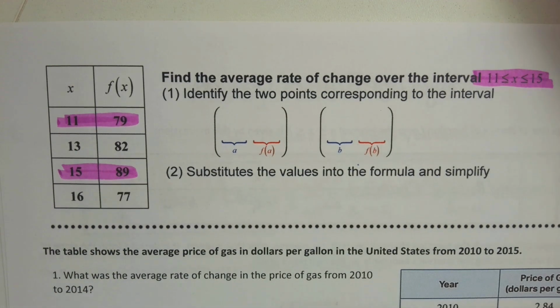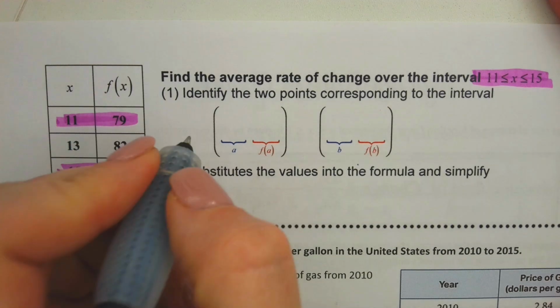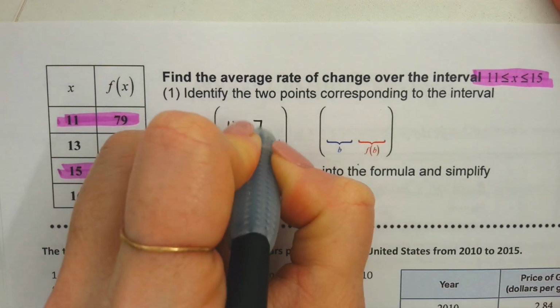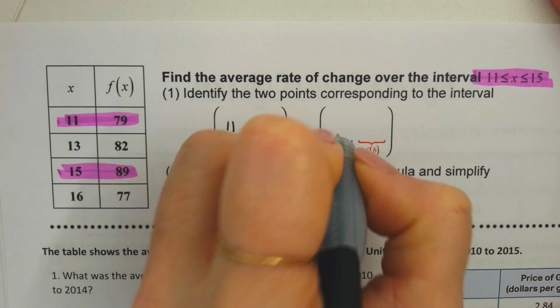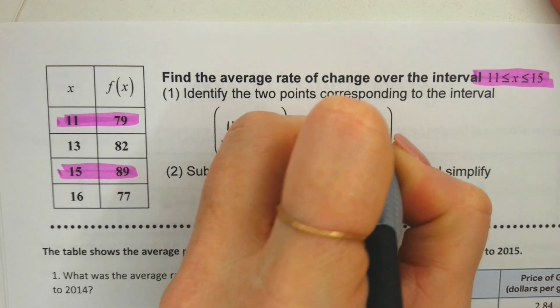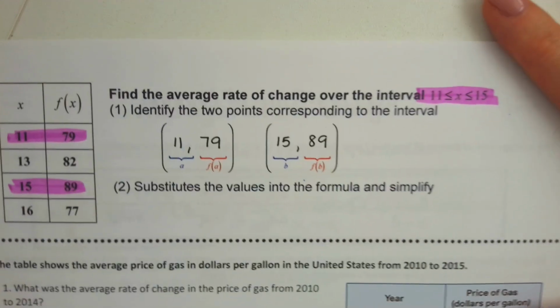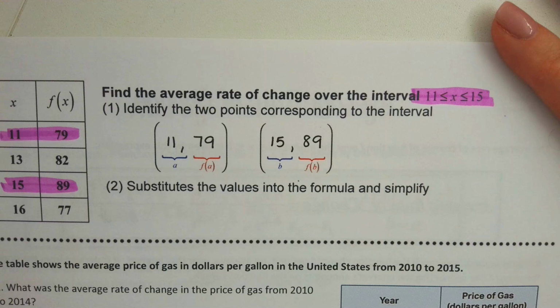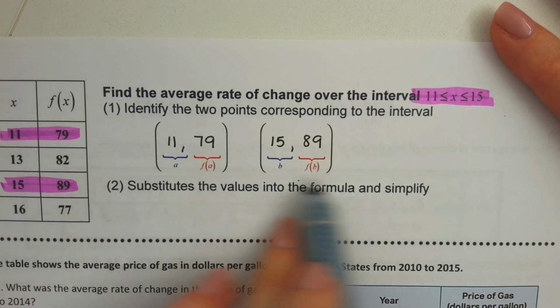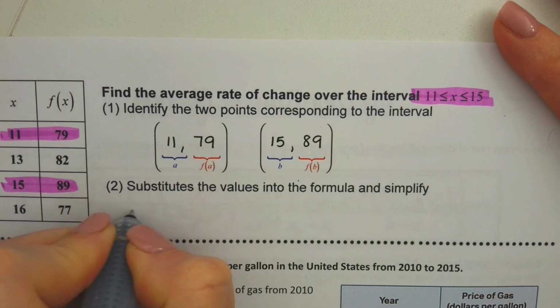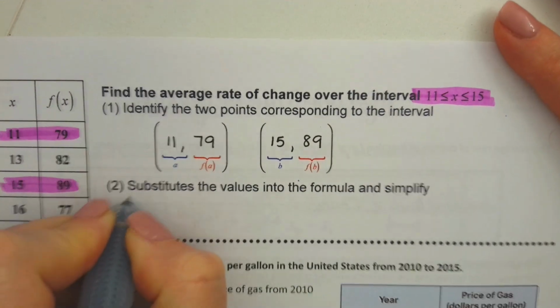So we're going to write down the 2 points that we're finding the average rate of change between, 11, 79 and 15, 89. Okay, we've already got them labeled, so we'll substitute into our average rate of change formula, and then simplify.